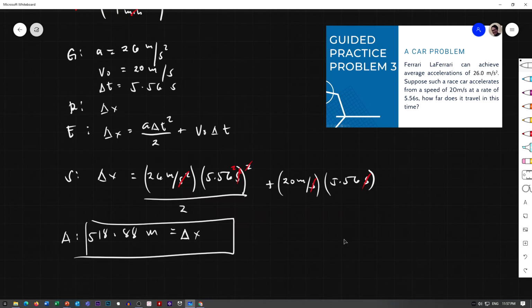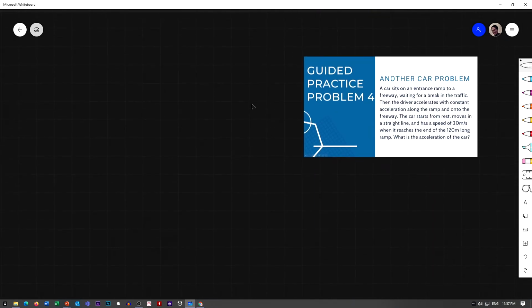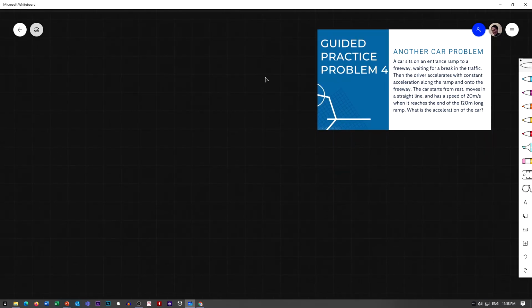All right, and then finally we have this one. So this will be our last problem. So let's take a look at our given. So the car starts from rest according here. Okay, so we have V sub 0 is equal to 0.